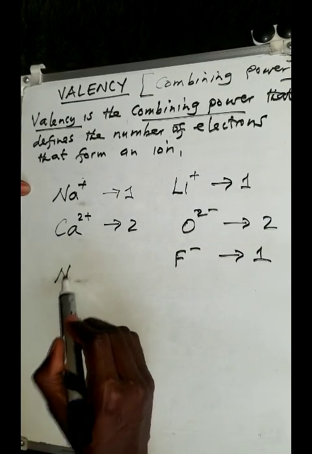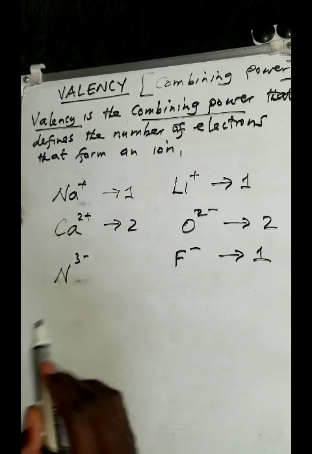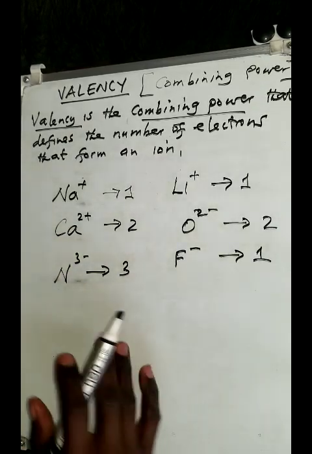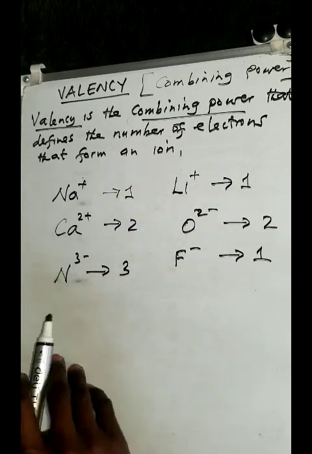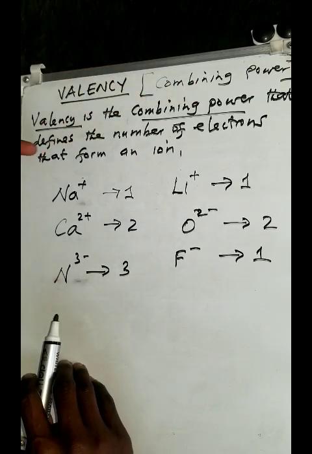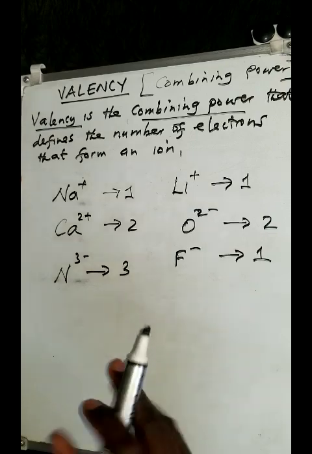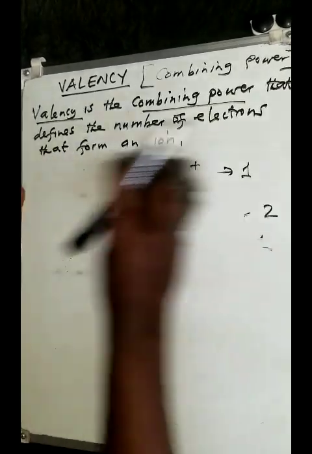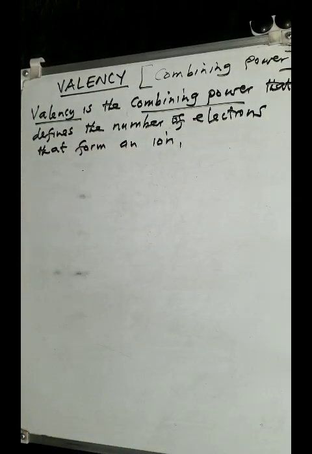If you look at nitrogen, it has a -3, so it has a valence of 3. So you can look at it this way: the combining power that defines the number of electrons that form an ion. Now, you don't need to struggle when it comes to elements. Let me quickly tell you about elements.